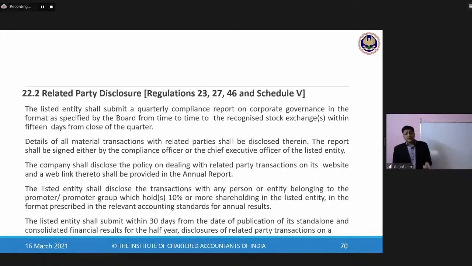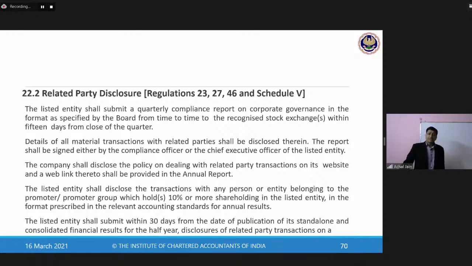But by ensuring that the appropriate disclosures around all of these transactions have been made, the auditor would be completing his duty, because he will be bringing out all of these transactions, or he will ensure that all of those transactions are made available in the financial statements or in the financial results or wherever these are required to be reported.